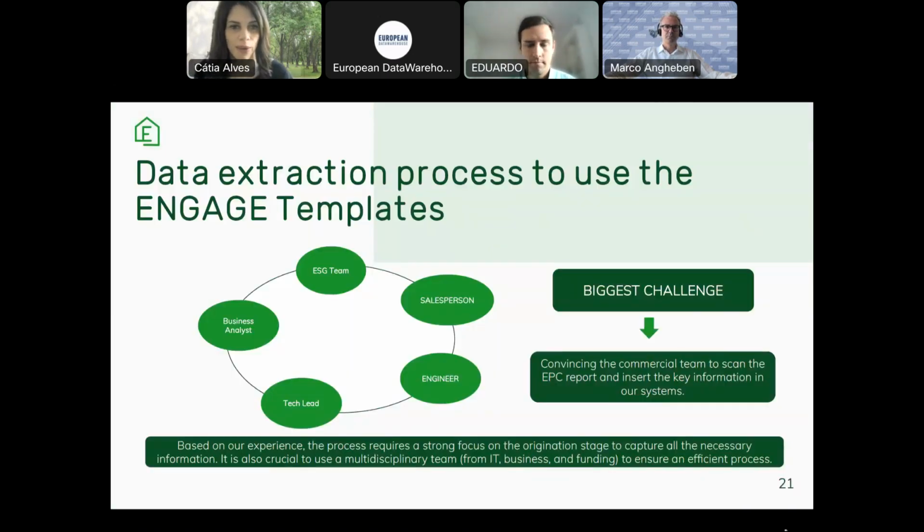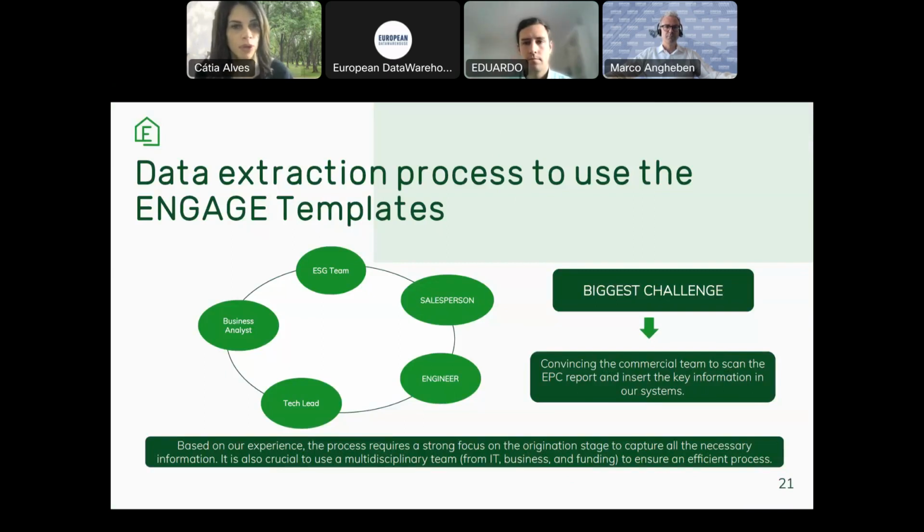First of all, I would like to highlight that our data extraction was a hard process, and we needed the help of many divisions inside the company. Not only the data people, but also the tech leads, the engineers, commercial people, and the risk people as well.